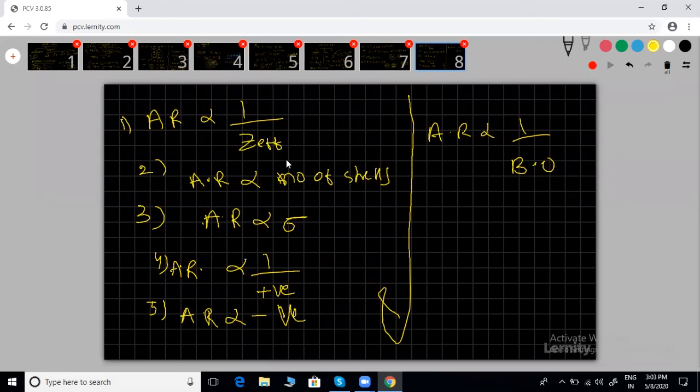And one more point: iron to nickel have almost the same atomic size. If possible, you can note it down.